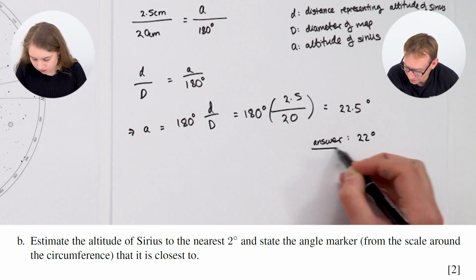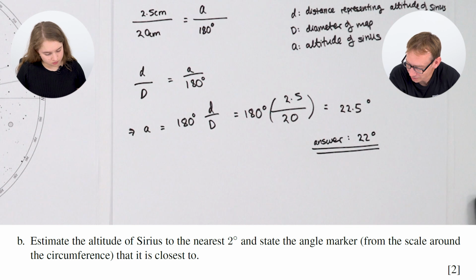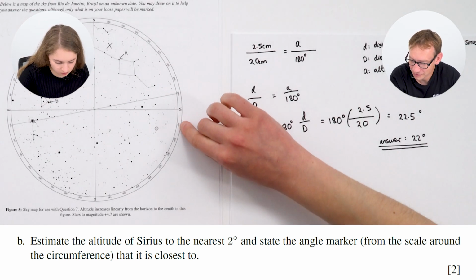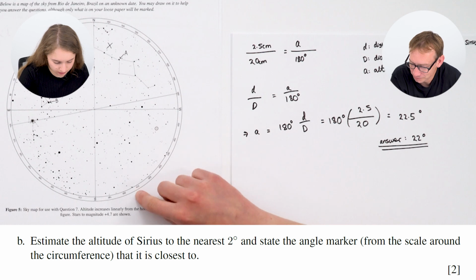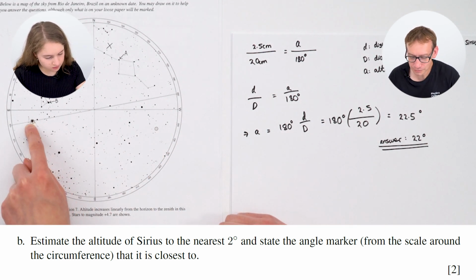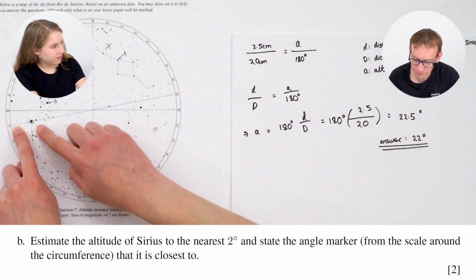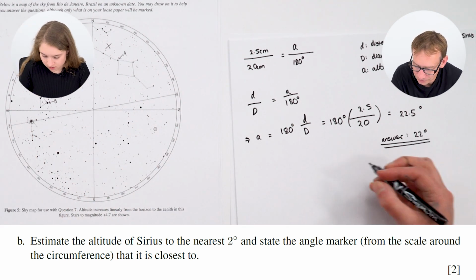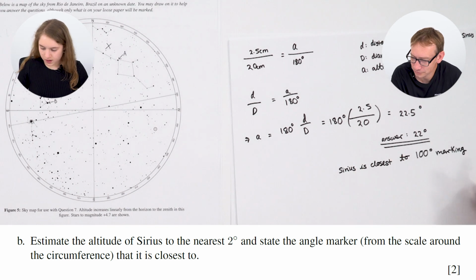Okay, cool. And then what do you mean by the angle marker that it is closest to? Oh yeah, so we're seeing these sort of angles labelled around the edge, and looking on this side, drawing the diameter has really helped us to find which one it is, and that's the 100 degrees mark. Cool. Okay.